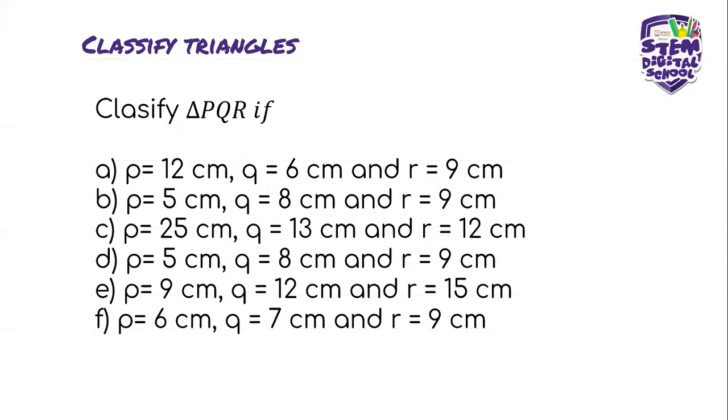Yes, I fully agree with you. If you do your calculations, you'll see that the left-hand side will be 81 and the right-hand side will be 89. Remember that 5 squared is 25 and 8 squared is 64. So if you add 64 and 25, you will get 89.